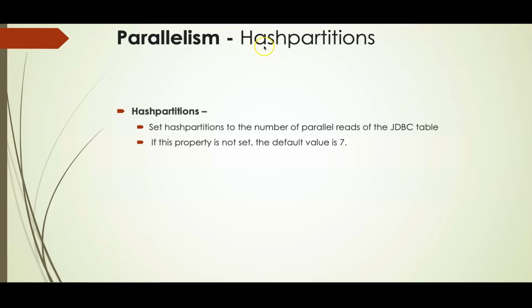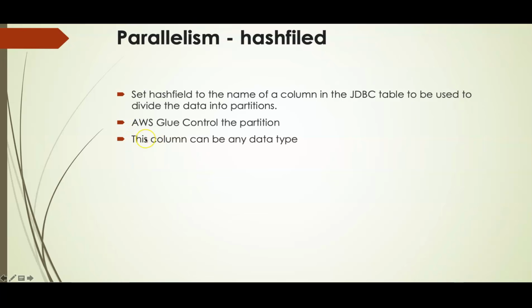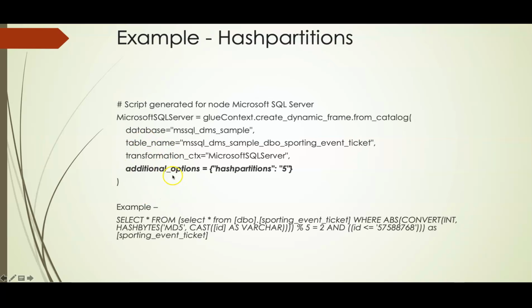So let's learn what the example is here. In order to add those hash parameters, you have to use these additional options within your dynamic frame, right? If you see here, we are creating a dynamic frame from the catalog, which is fine, and then we have these additional options with hash partition set to 5.